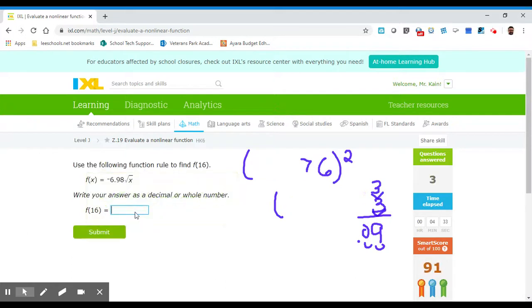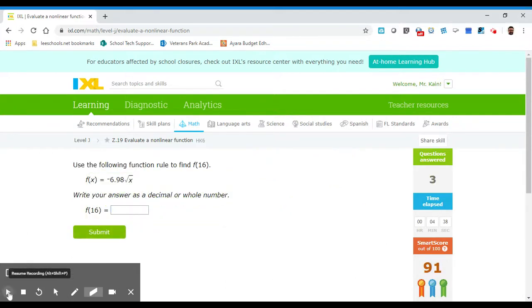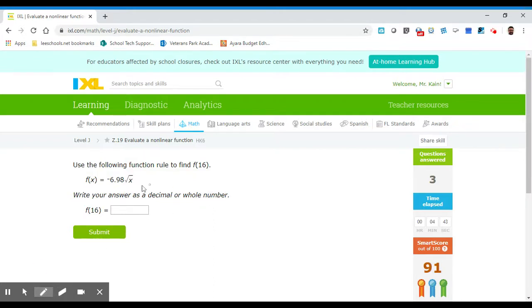Let's see what else we have here. So it looks like we are playing with some square root type problems here. Okay, so what is the function when x is 16? So negative 6.98, the square root of 16.